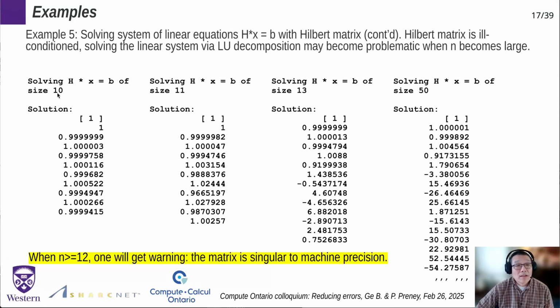Here for size 10, we got this, which looks close to a unit vector. And for size 11, it's not too bad, it's close. For size 13, things have started going south. And for size 50, we see that it's totally wrong.